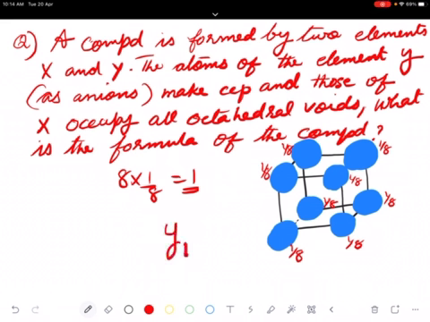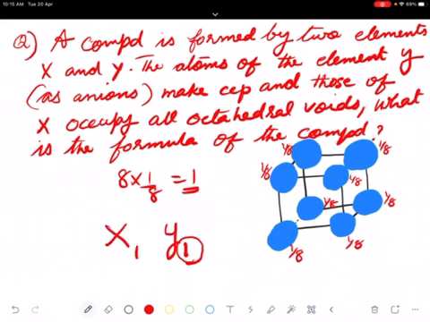What about X? X occupy all the octahedral voids. How many octahedral voids are there? If 1 is the number of these atoms, octahedral voids will be 1 only.